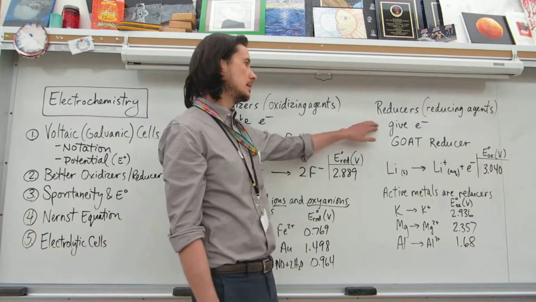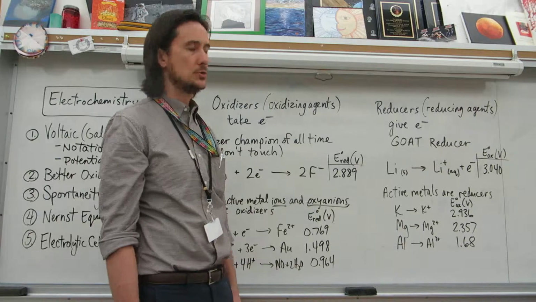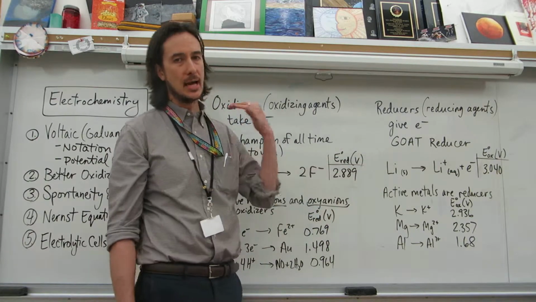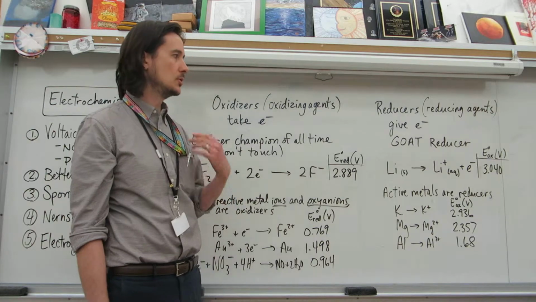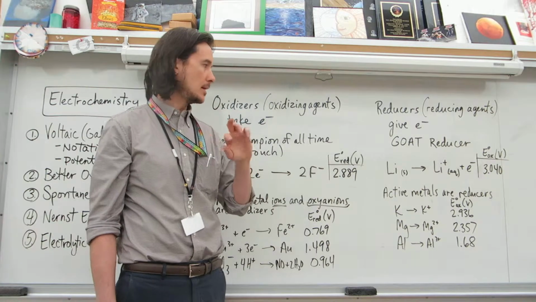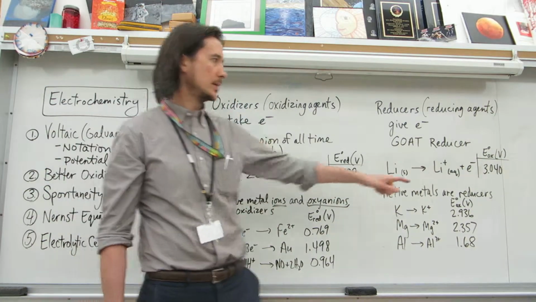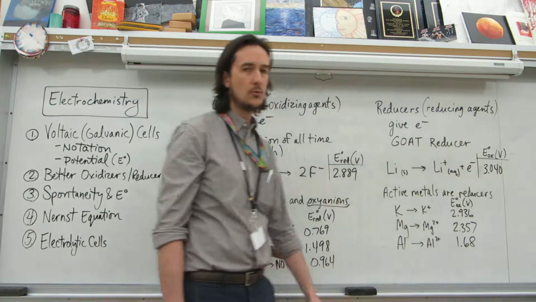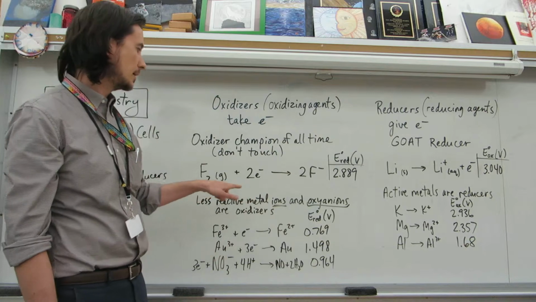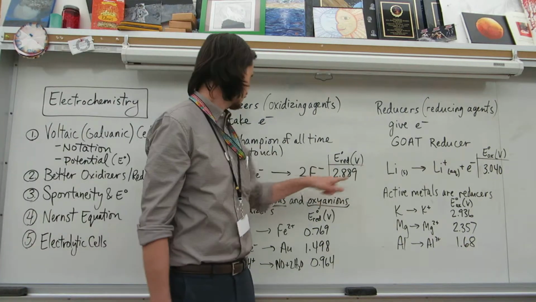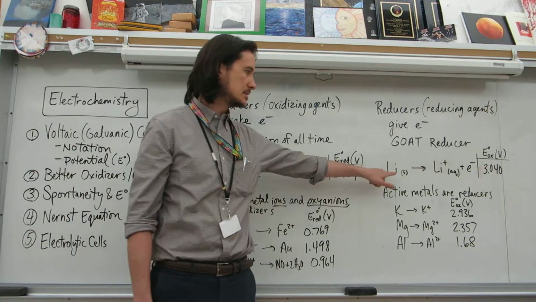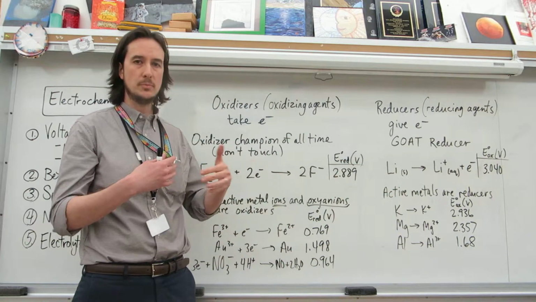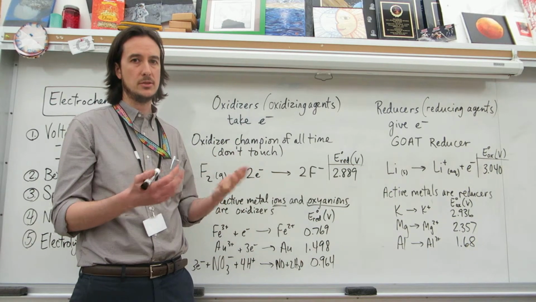So reducers, the best reducer of all is lithium. If you look at the top of your reduction potentials, you'll see lithium, but if we reverse that and get the standard oxidation potential, we get 3.04. So if you combine fluorine gas and solid lithium, you will have the highest potential between two species that you can get, right?